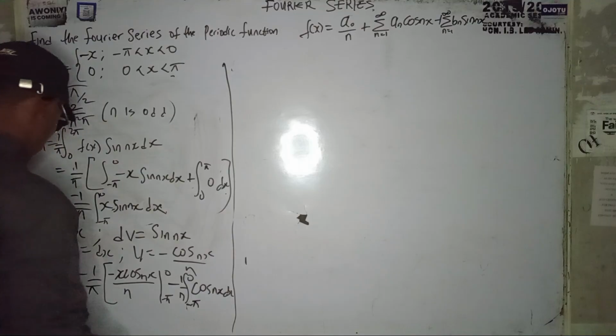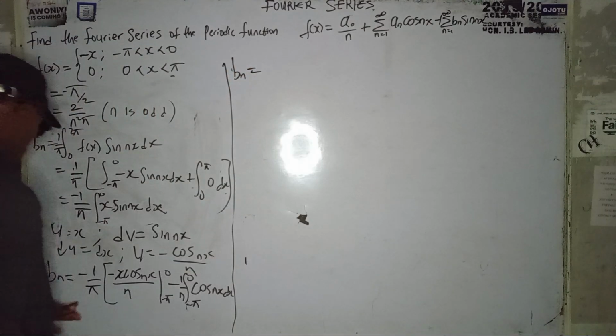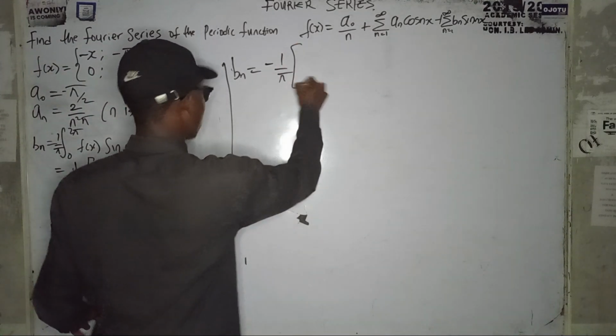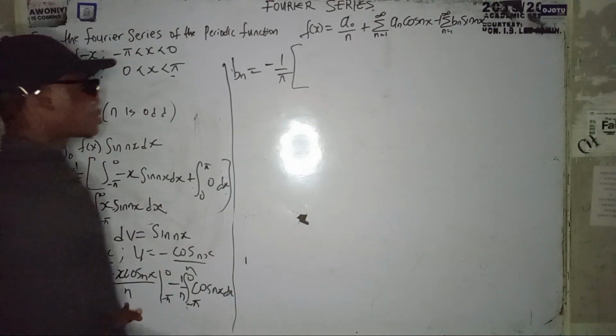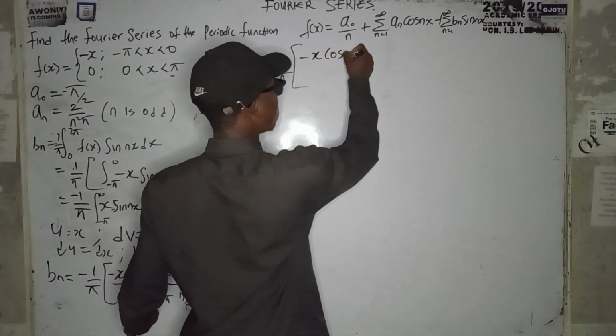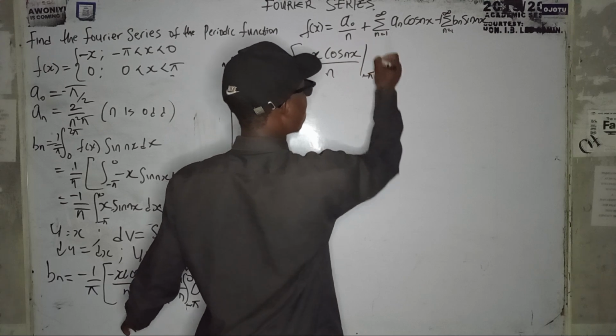So now, doing our continuation, we have bn equal to minus 1 over pi. Using this, we have minus x cos nx over n from minus pi to 0.